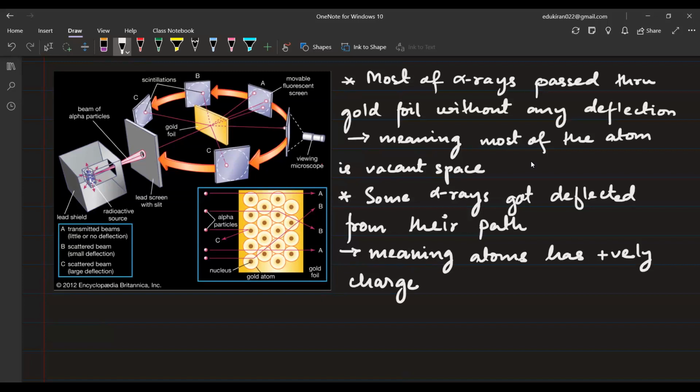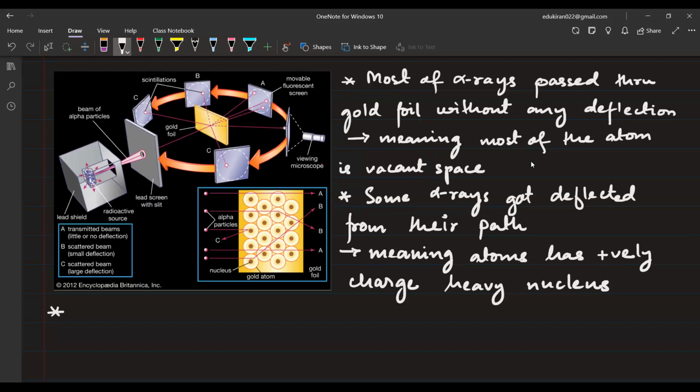That is why they are getting deflected: a positively charged heavy nucleus. Because the alpha ray was also very heavy, and if it is deflecting the alpha ray, that means the nucleus should also be heavy, and it should also contain positive charge because it is repelling those alpha rays which are positively charged.